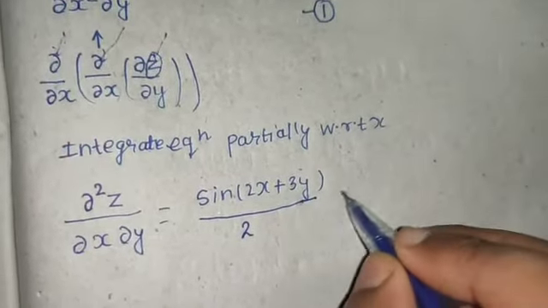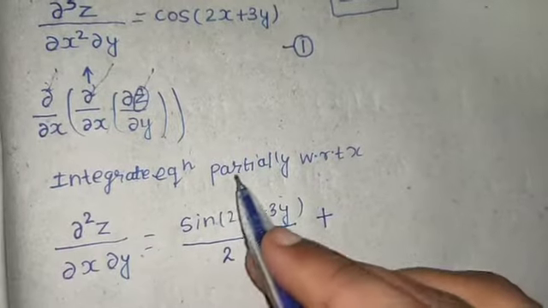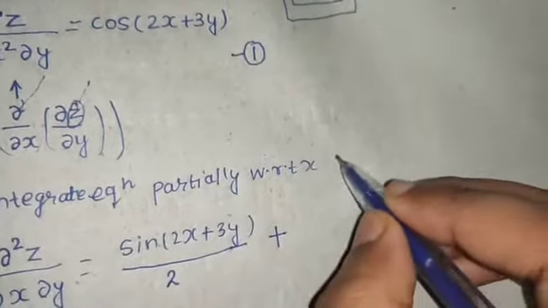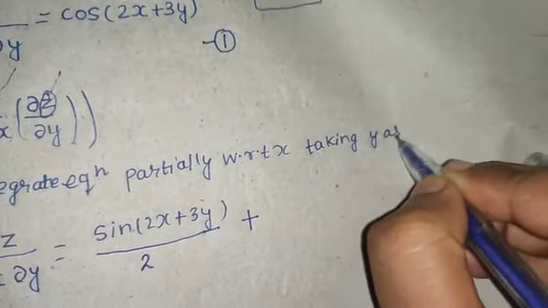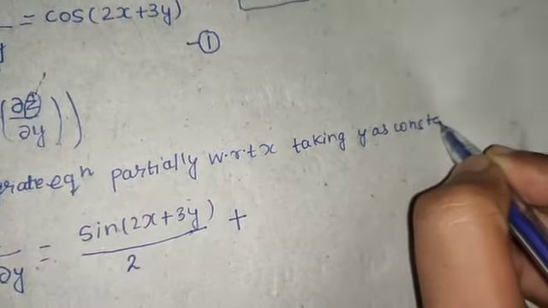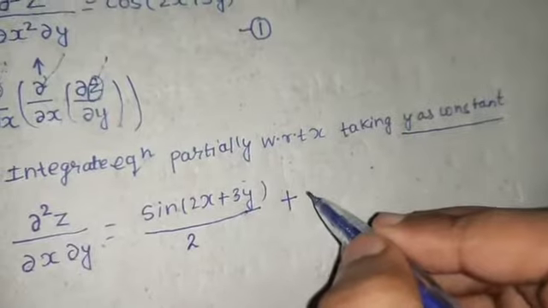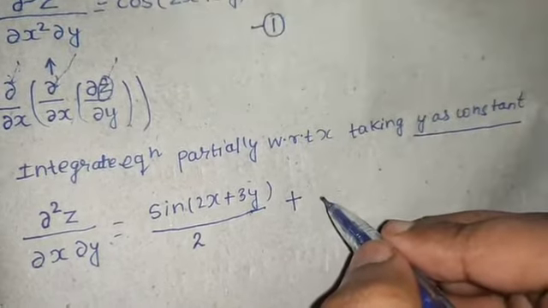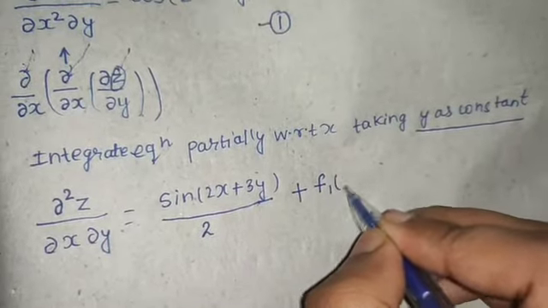Now there will be a constant of integration also. Because we have integrated partially with respect to x, taking y as constant, this is important. Because I have taken y as constant, I will take my integration constant also to be a function of y only. So let's name this as f1(y).